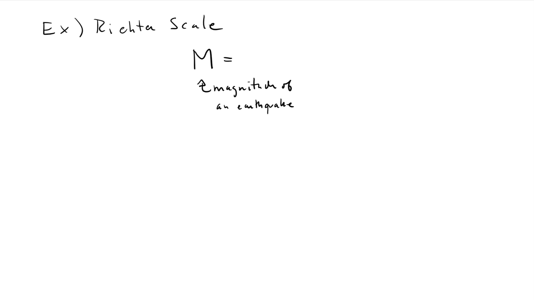Okay. And it's defined, this is really how it's defined. It's a log, and notice I'm not going to put any base. So it's log base 10 of the ratio of the intensity of the earthquake felt, so that's different from the magnitude, compared to the intensity of a reference earthquake.